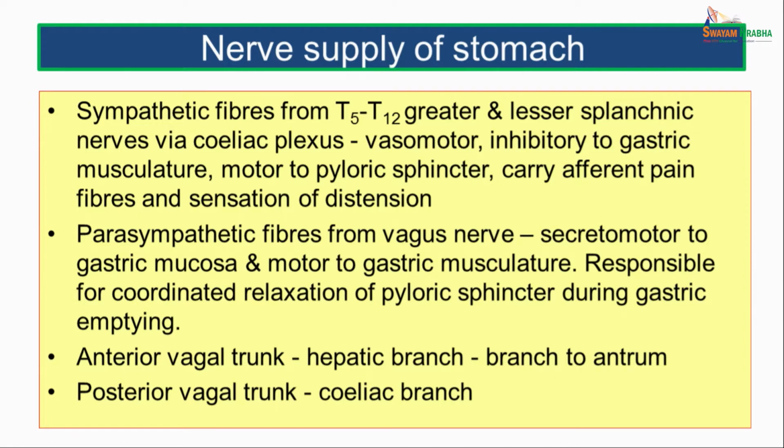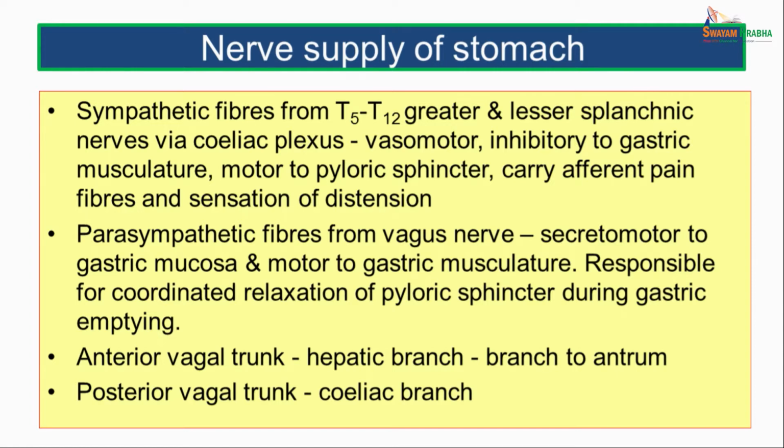The parasympathetic fibers are carried by the two vagus nerves. They are secretomotor to the gastric mucosa and motor to the gastric musculature. They are responsible for coordinated relaxation of the pyloric sphincter during the process of gastric emptying.